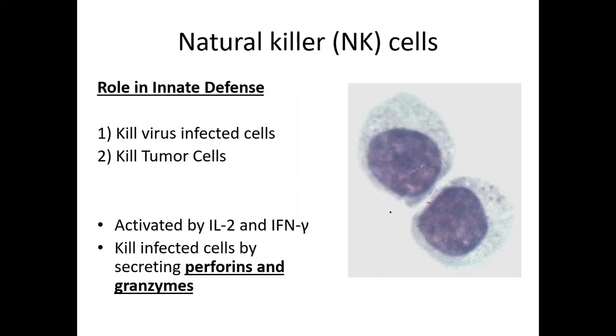They are activated by IL-2, interleukin 2, and interferon gamma. These cells target the infected cells and intracellular organisms by releasing cytotoxic granules in their cytoplasm directly into the target cell through perforins and granzymes.